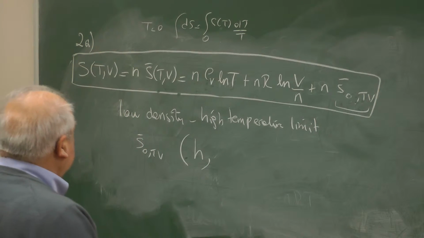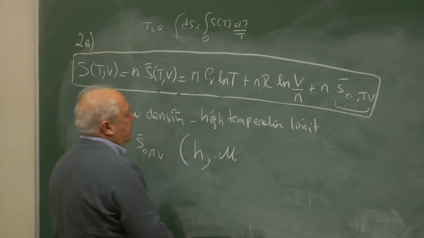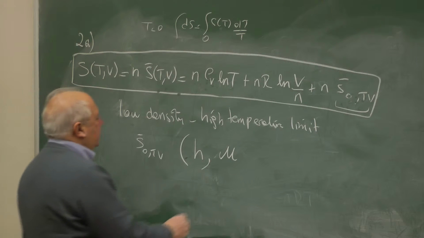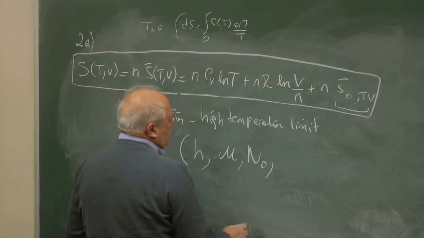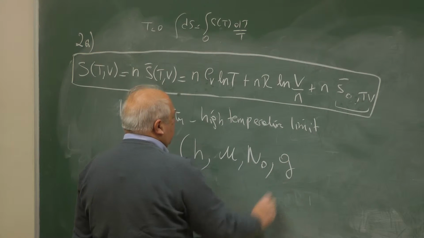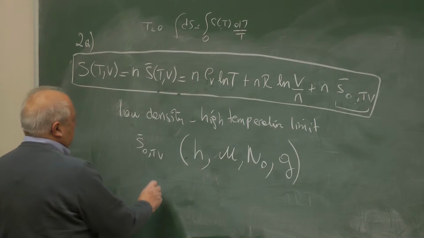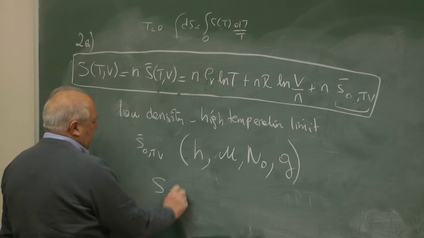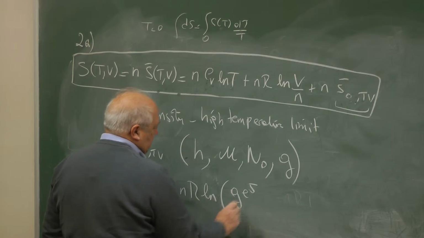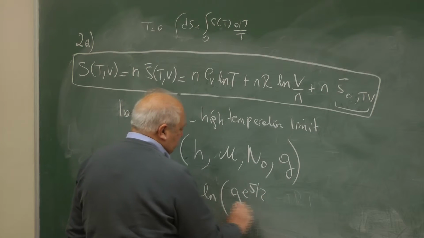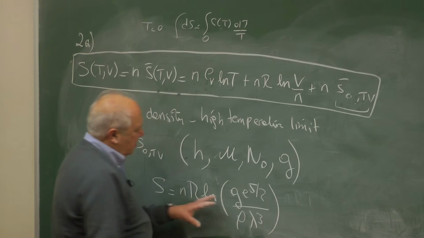It will depend on the mass of the gas or the molecular weight of the gas. It will depend on Avogadro's number. It will depend on the ground state spin of the system, g, etc. In fact, if you want to write, S will be nR log g e to the 5 over 2 times rho lambda cubed. I am now writing the exact formula. We will not play with this one.